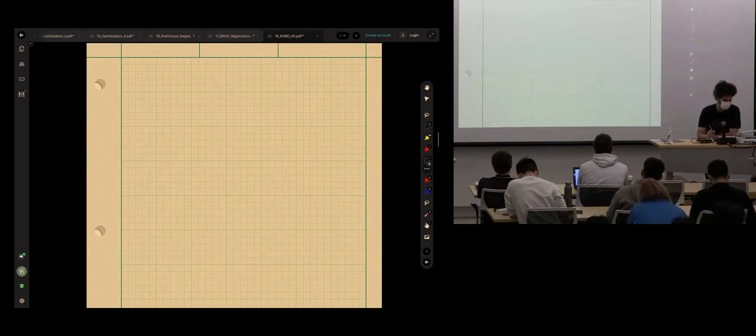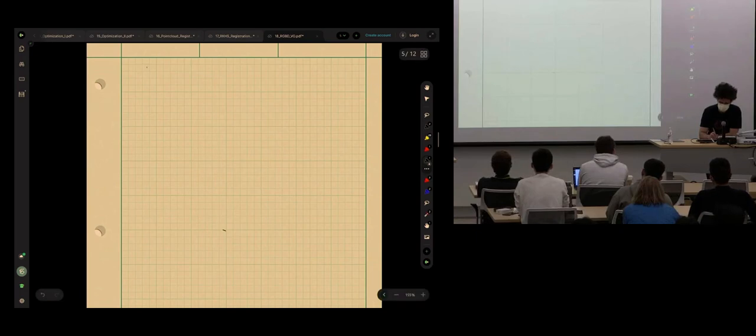So suppose we convert the problem into a weighted least squares, right?